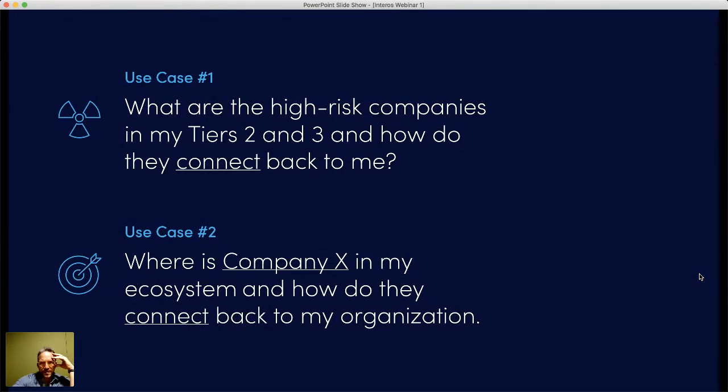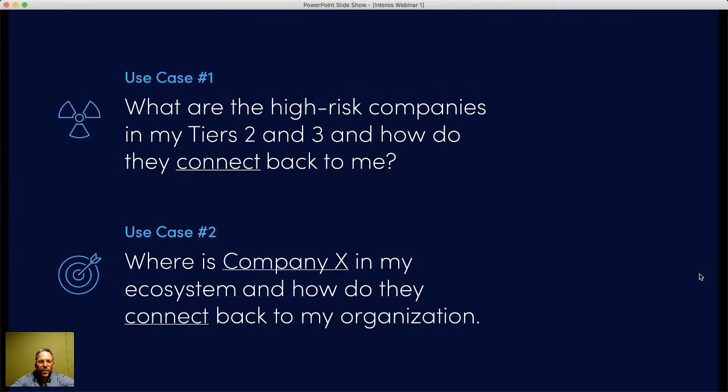Use case number 1 is about what are the high-risk companies in my tier 2 and 3, and how do they connect back to me. Tier 1 is your direct suppliers. In most cases, especially if you are a small business, you know them by name, who provides your given ingredients or a given service. But it's the tier 2 and 3 that is a little bit more opaque for most people.